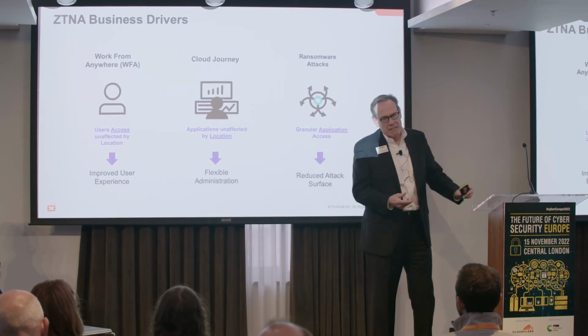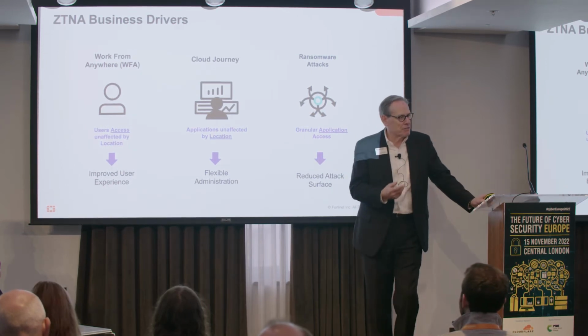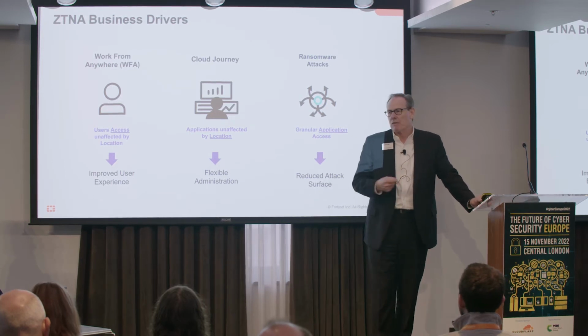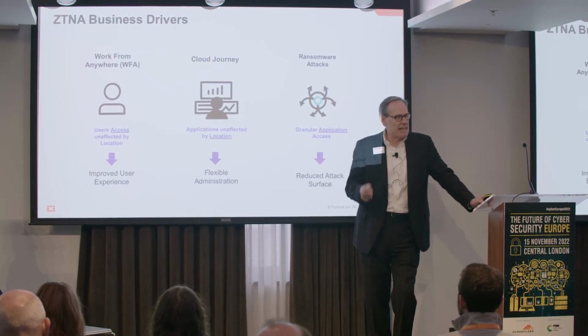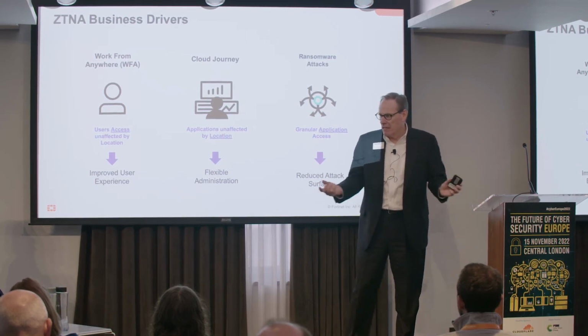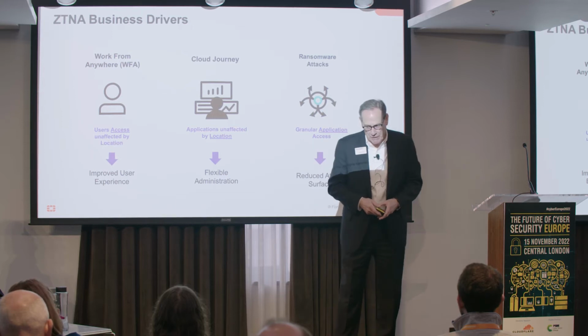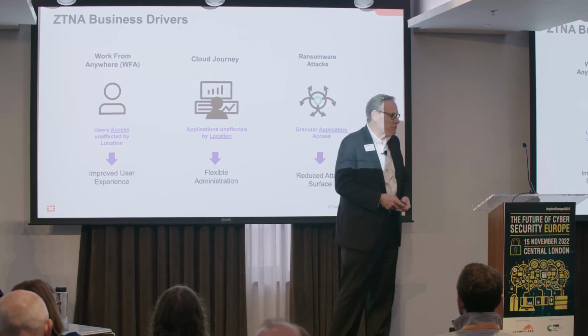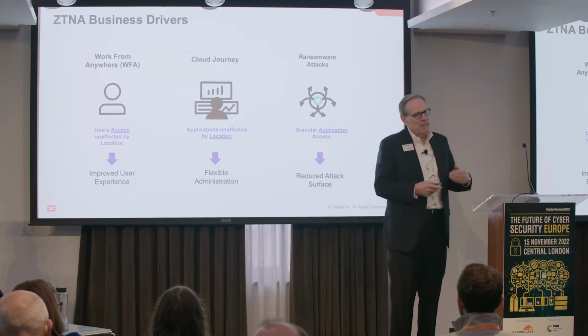Now, what's driven this? I've mentioned a couple of terms such as SASE, which was 2019, which kind of drove a lot of the hysteria about this and about how are we changing convergence of networking and security. Well, during those 3 years since that pronouncement, we've seen things change.